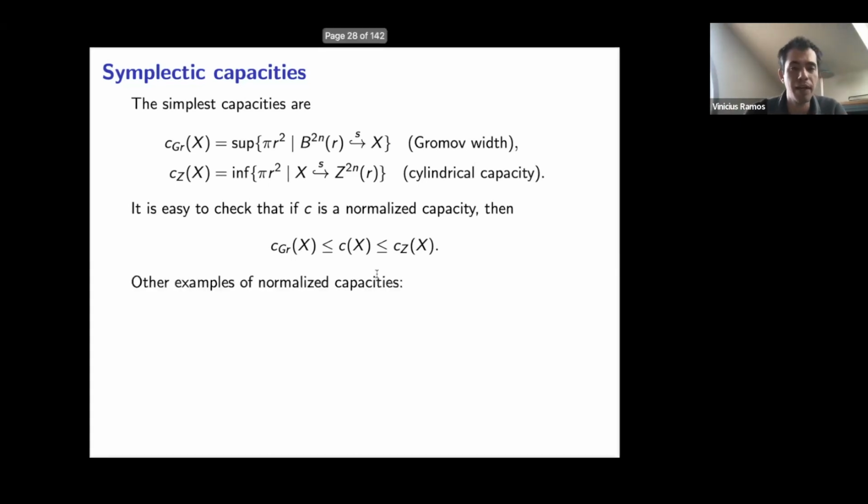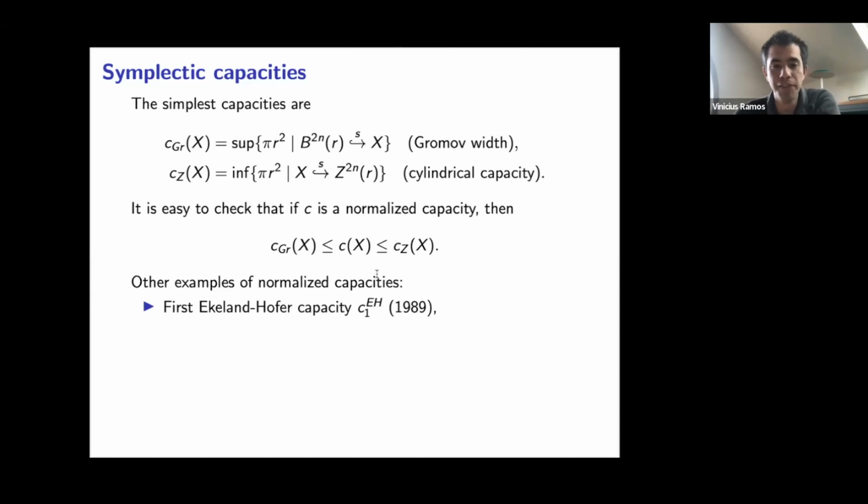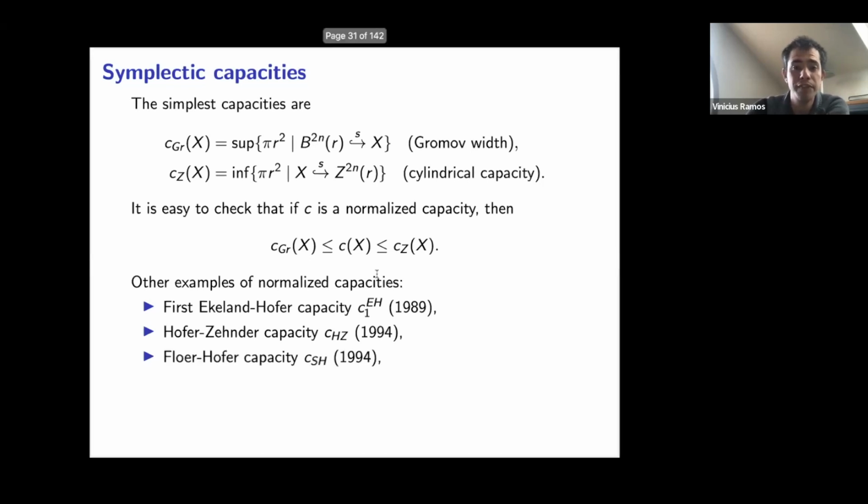Okay. Here are some other examples of normalized capacities, which you might have heard of before. There's the first Ekeland-Hofer capacity, which is, I think, the first capacity that had that name. Then Hofer and Zehnder, in their book, defined the Hofer-Zehnder capacity, which is a bit easier to define than the Ekeland-Hofer capacities, but uses similar variational methods without holomorphic curves.